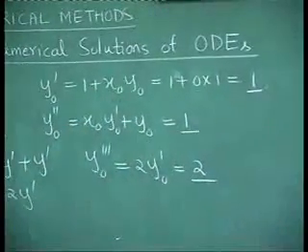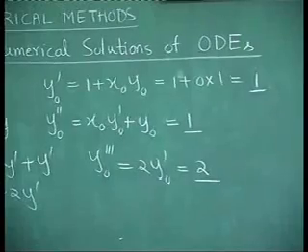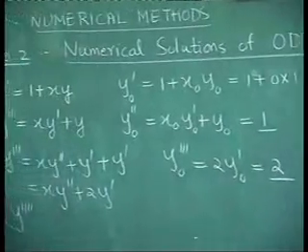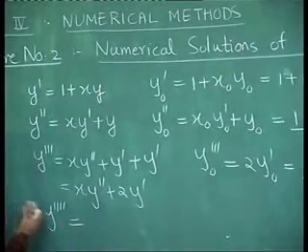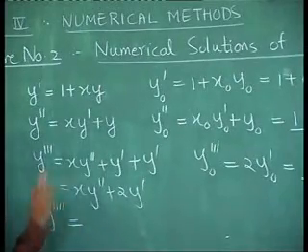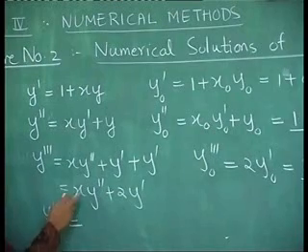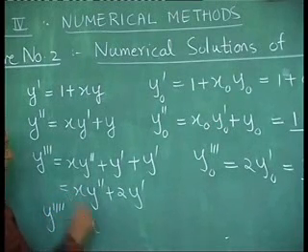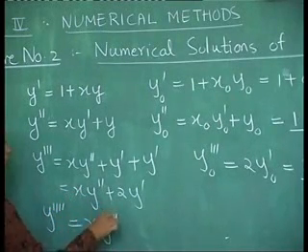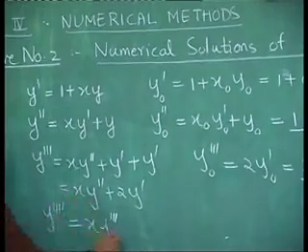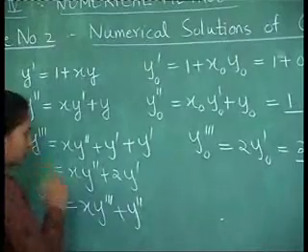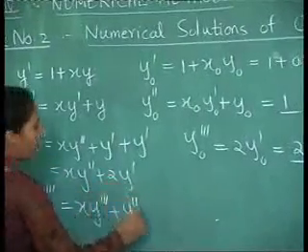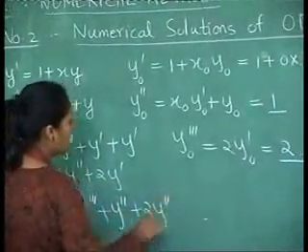And the fourth derivative. I am taking up to the fourth derivative because we want the answer correct to 4 decimal places. So I am hoping that by taking up to the fourth derivative, I will get the answer correct up to 4 decimals. Let me again differentiate this: first function into derivative of the second plus second function into derivative of the first. And the derivative of this will be y double dash.